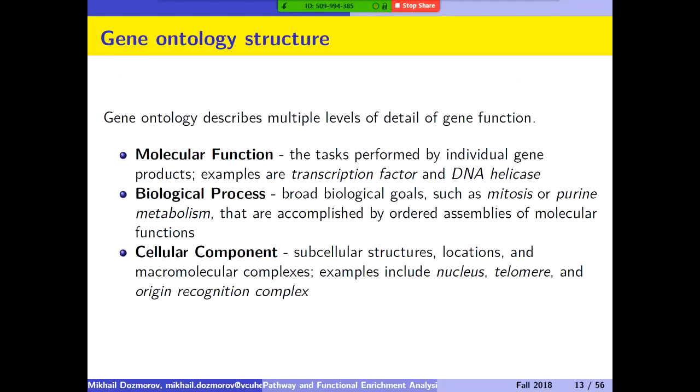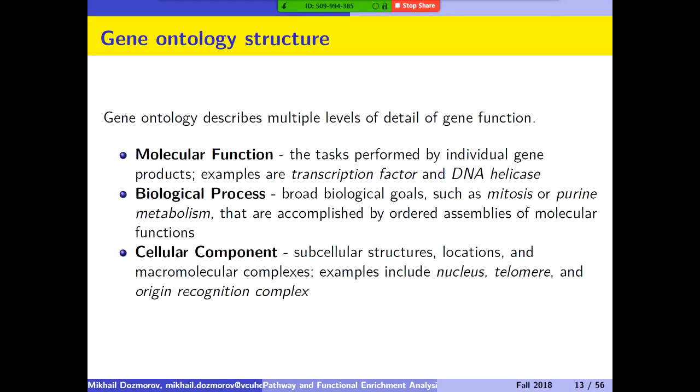As the name suggests, molecular function will tell you some information about the molecular function of the gene. An example may be transcription factor. The gene is a transcription factor, or the gene is a DNA helicase, or the gene is participating in a certain signaling pathway.